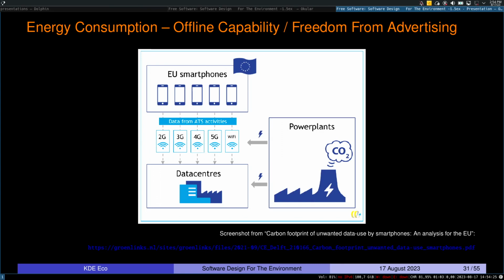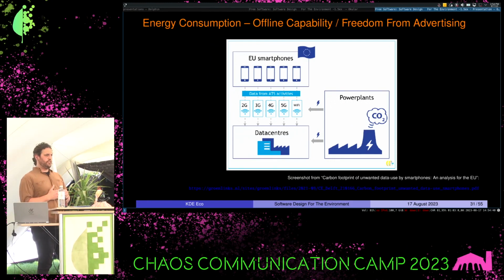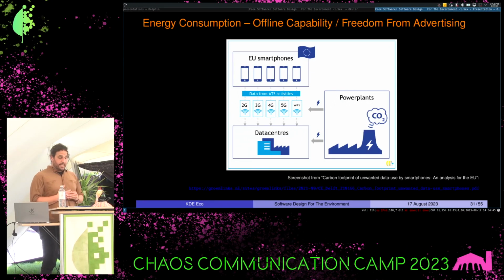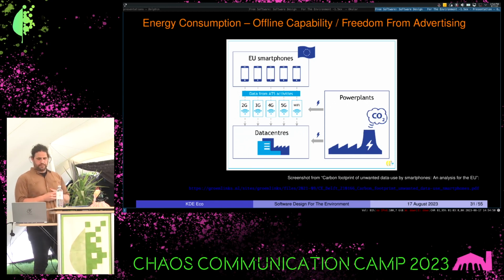They define unwanted data use as the data for data mining and advertising that users can't shut off, given a statistic that in the EU, about 60% of users would shut it off if they could. So they call this unwanted data use. And they try to estimate what the energy consumption and CO2 emissions are associated with that unwanted data use.